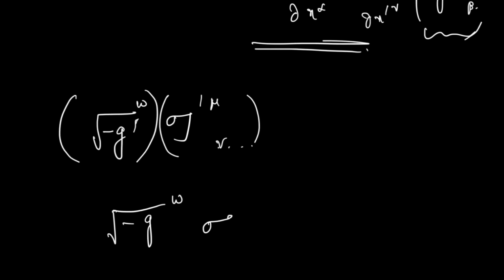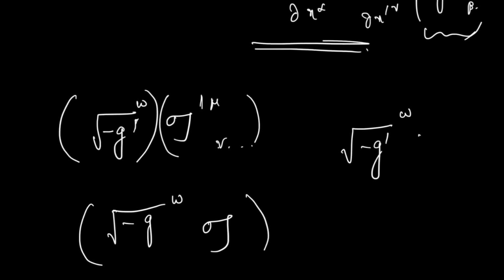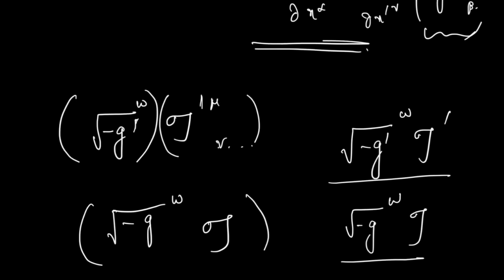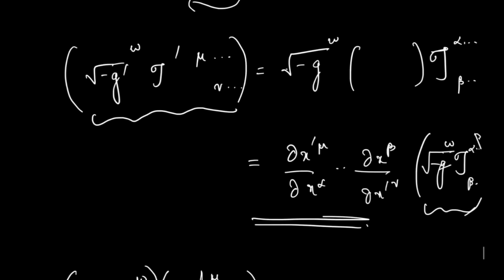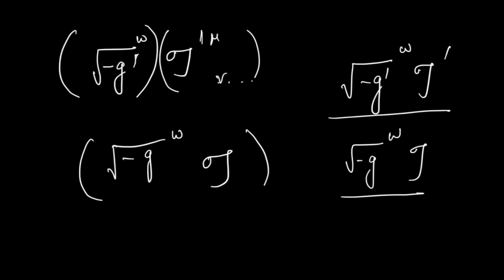This is the primed quantity, this is the unprimed quantity. So whenever you multiply a tensor density of weight w with this particular factor, g' raised to w for the primed tensor density, and g raised to w for the unprimed, then the tensor density will become a tensor. It will transform like a tensor. For today, we'll stop here.